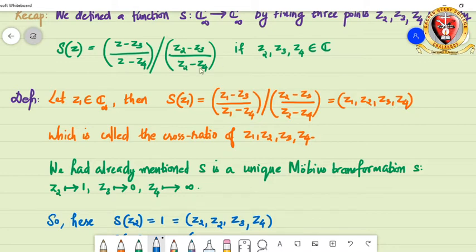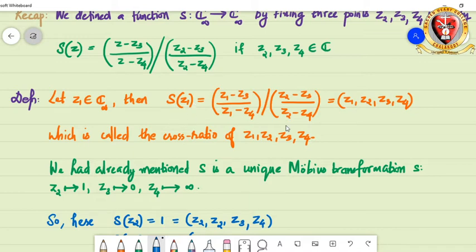Earlier we said that this function itself is a Mobius transformation. It is of the form az plus b divided by cz plus d, definitely. So this cross ratio is actually a Mobius transformation which we are defining at a point, and that point is z1 here.